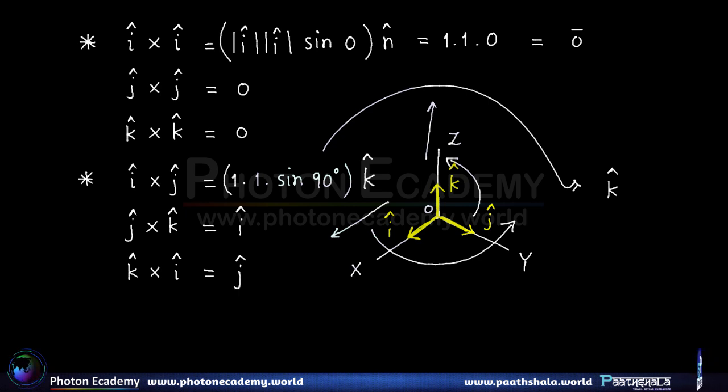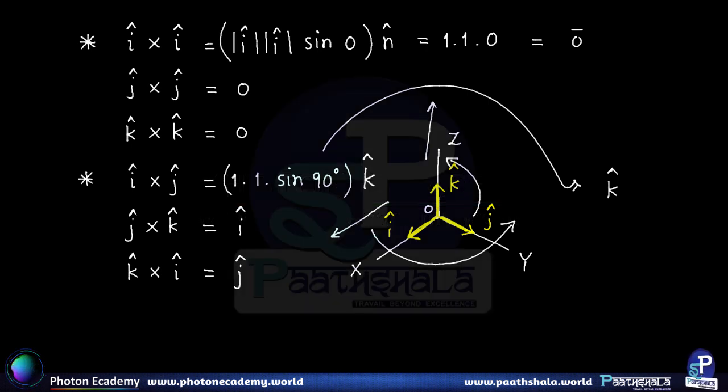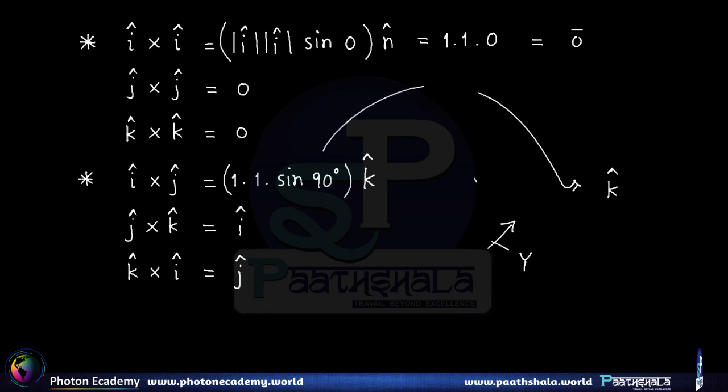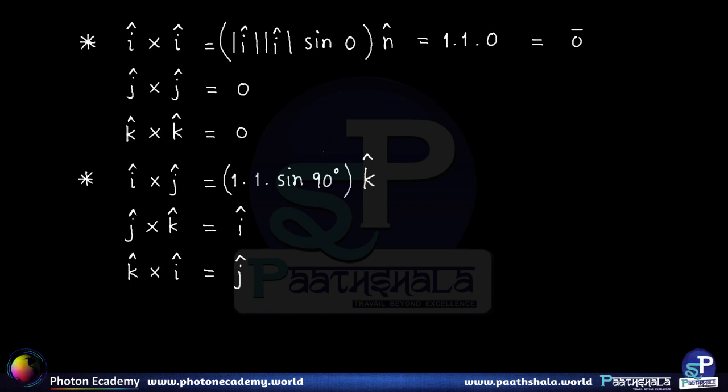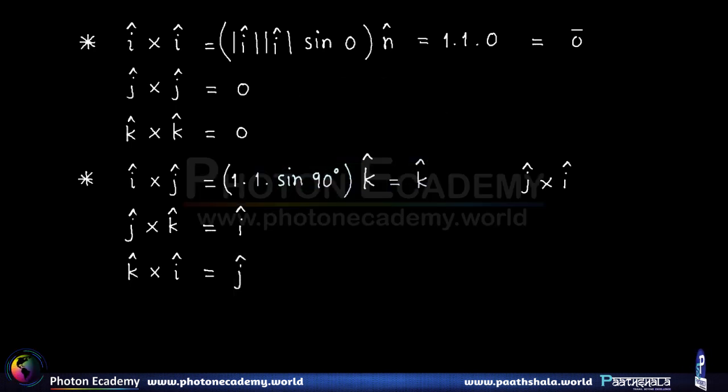Now let us see what happens if we change the order. Let me draw another figure here. Suppose instead of i cross j, we want to see what happens if we do j cross i. This is i cap, this is j cap, this is k cap.